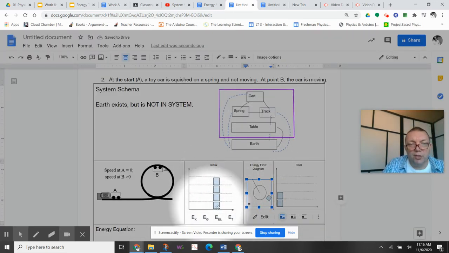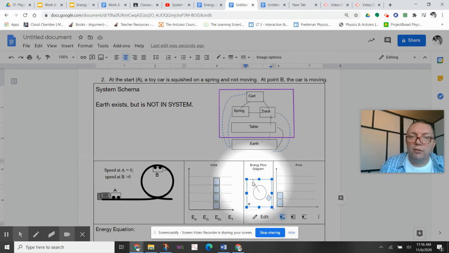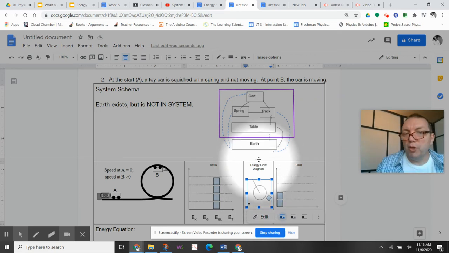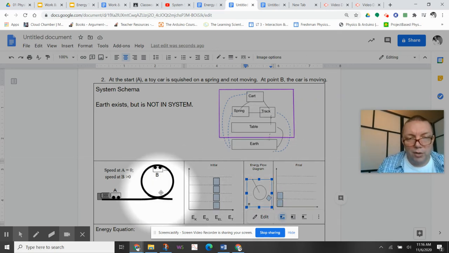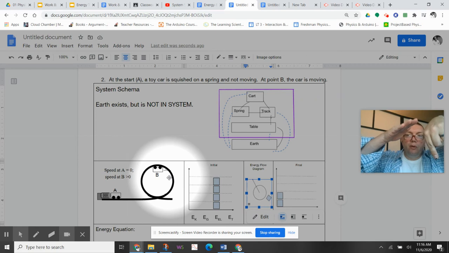I started with 4 units of energy and ended with only 2 units of energy, so energy left our system from the Earth. As the cart moved up here, since gravity is present and the Earth is present, just not in our system, as the car goes up, the Earth is pulling the car down. There's a force on the car down while the car is trying to go up around that curve.